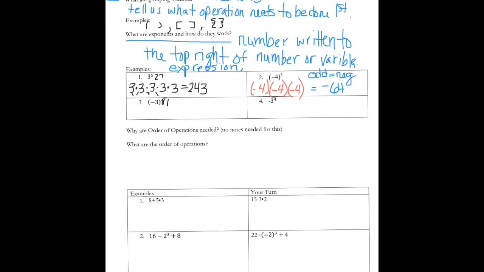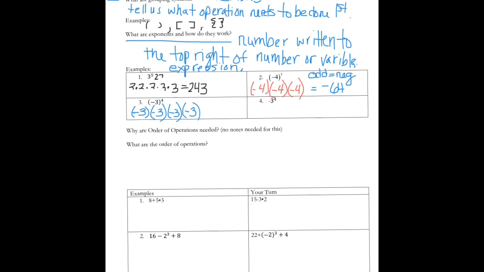All right, what about -3 to the 4th power? Same thing. That means -3 times -3 times -3 times -3. This is how I want you to show your work.